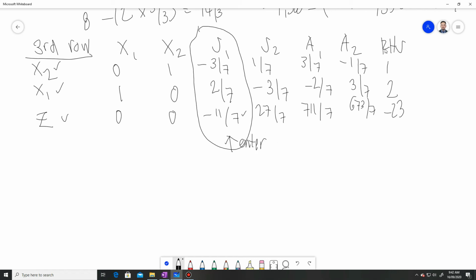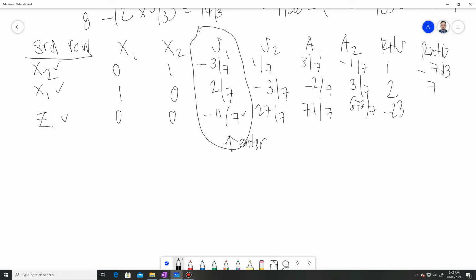And for the leaving, we will compute again the ratio. The ratio formula is RHS divided by these intersectional elements. So 1 divided by negative 3/7 is negative 7/3, and 2 divided by 2/7 is 7.